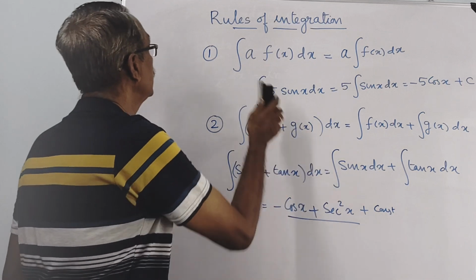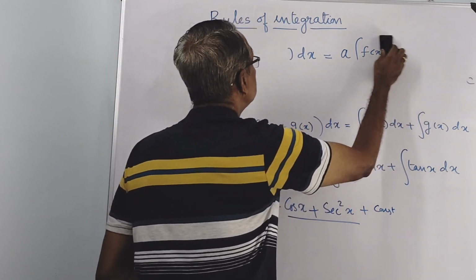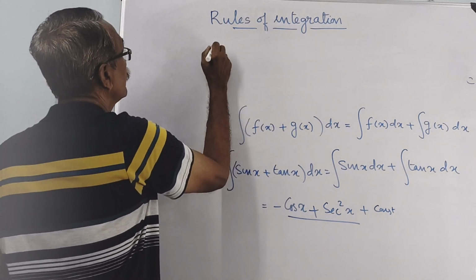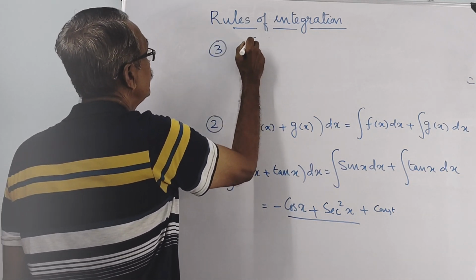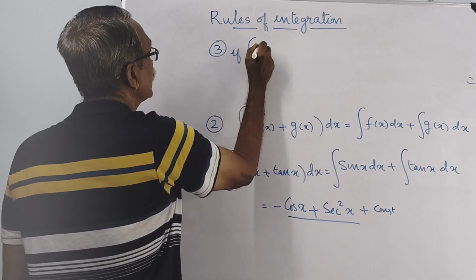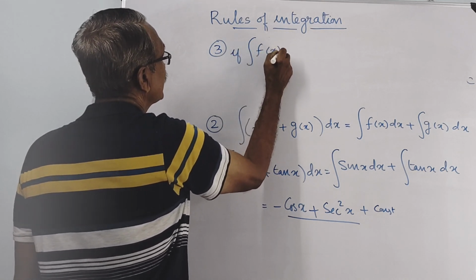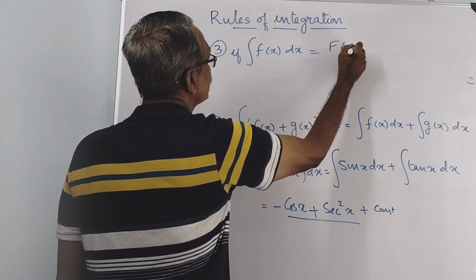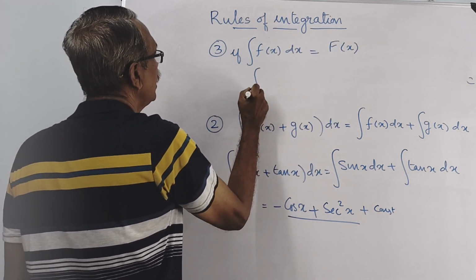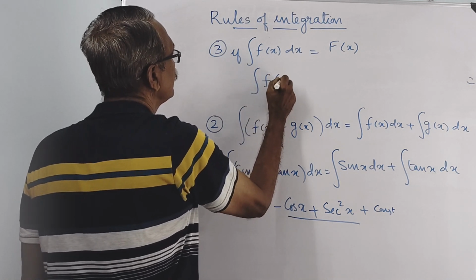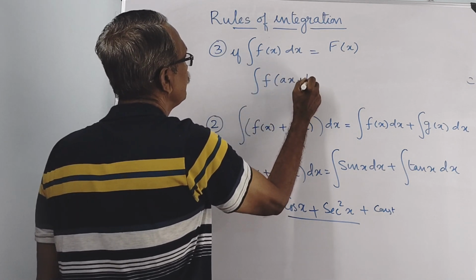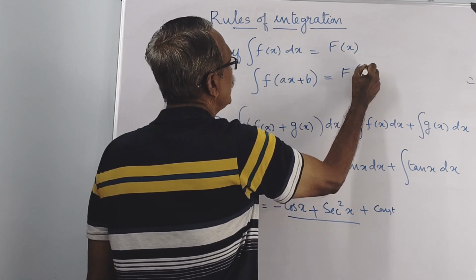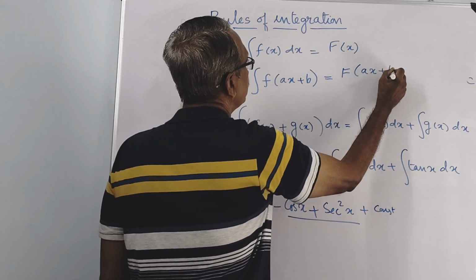And the third rule: if integral f(x) dx is equal to F(x), then integral f(ax plus b) dx will be equal to 1 by a times F(ax plus b).